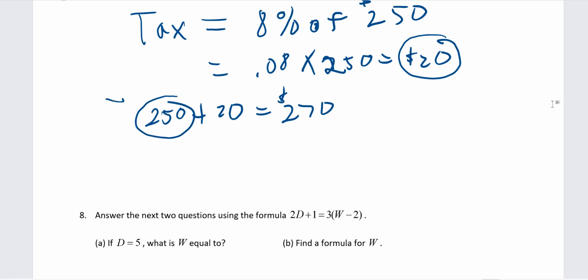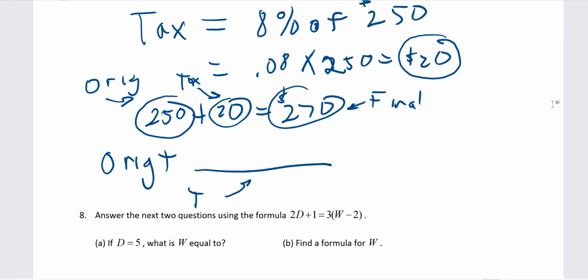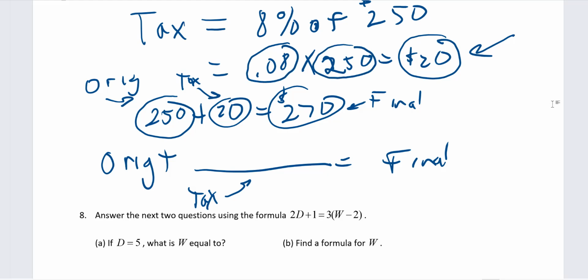Now think about what's going on here. This is the original price. This is the amount of tax that you'll pay, and this is the final price. So we have a formula that says the original price plus the amount of tax, which I'm going to leave out for the moment, but this line is going to have to do with tax, equals the final price. Now, how did we figure out the tax? Well, the way we figured out the tax was we multiplied the tax rate by the original price.